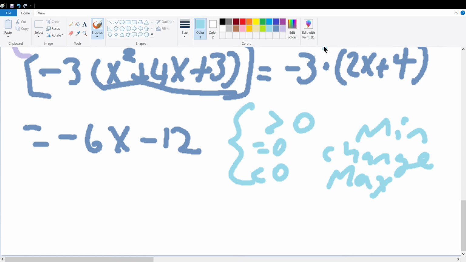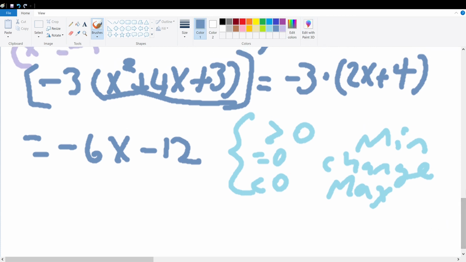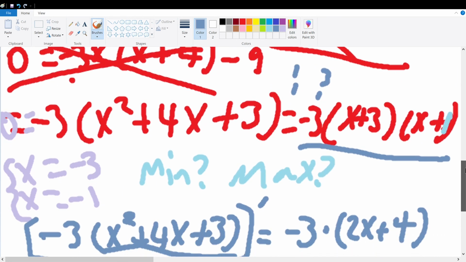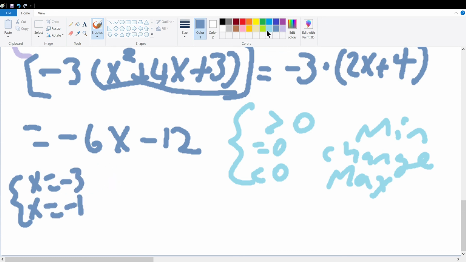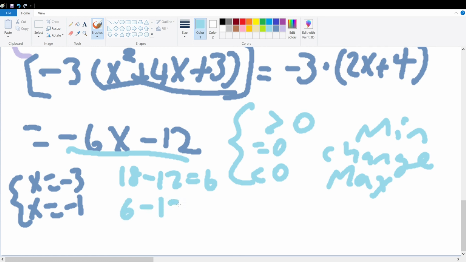So we plug our x coordinates, negative 3 and negative 1, into negative 6x minus 12. When x equals negative 3, it will be 18 minus 12, which equals 6. When x equals negative 1, it will be 6 minus 12, which is negative 6.